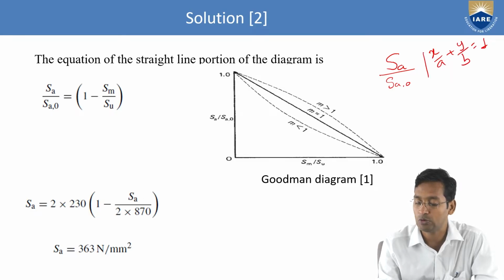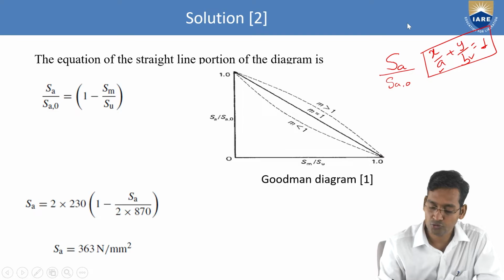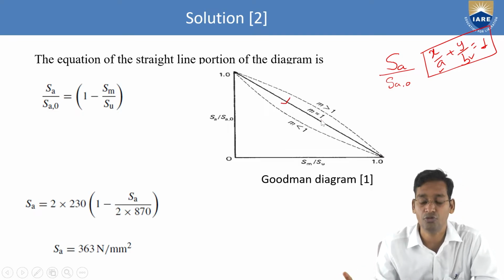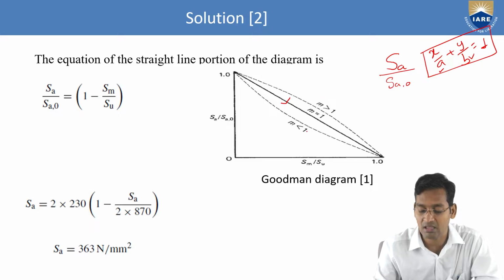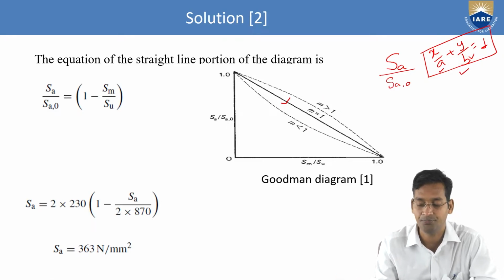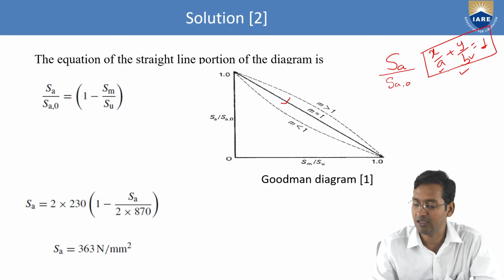This is the equation of a straight line having x-intercept A and y-intercept B. In the same way we will use it for this straight line, that is for m equals 1. If it's not m equals 1, that is m less than 1 or greater than 1, then this will be changed. So later we will see the next question according to that. Okay, just see first. With this we will use x by A plus y by B equals 1, the same way here.